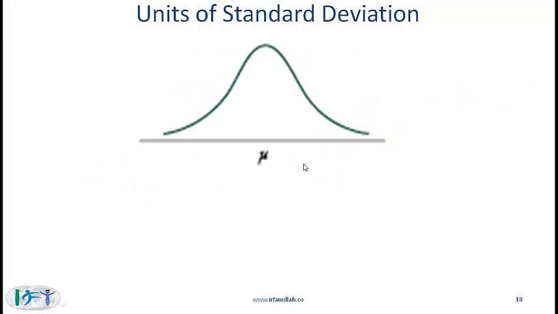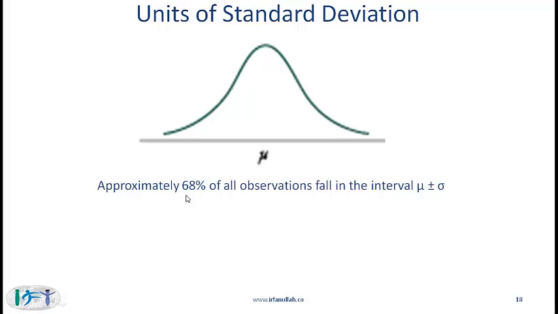There is some basic information that you need to memorize related to a normal distribution, and I'll just share that with you over here. Approximately 68% of all observations fall in the interval mu plus or minus 1 standard deviation. In the example that I just talked about, let's say that the mean, or mu, is 10, and the standard deviation is equal to 2.